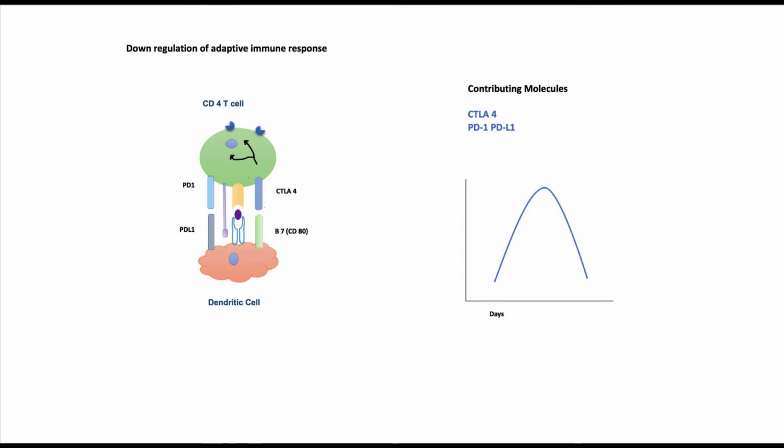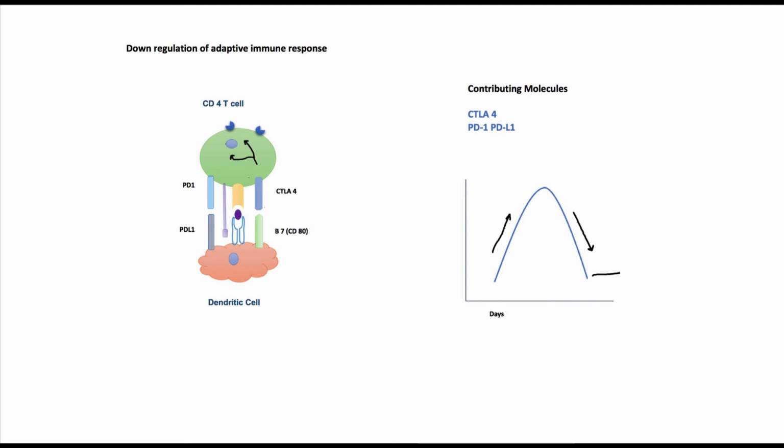This is the immune response in graph form. The immune response initiates, and then it builds over days, then gradually declines, and finally only a memory response is left. So how does the immune response slow down after some time? This is achieved in different ways.